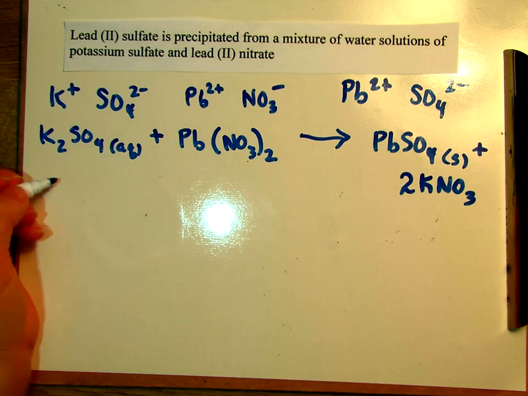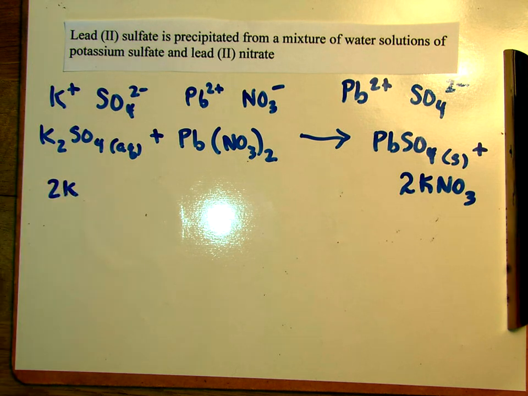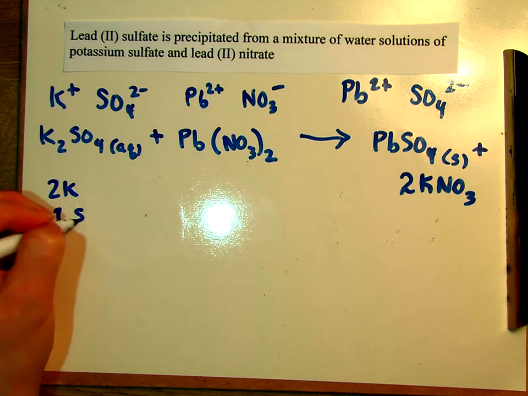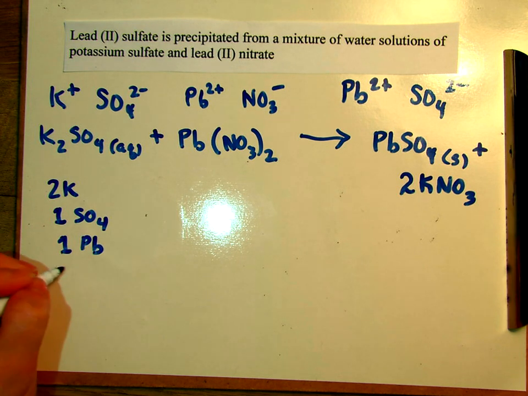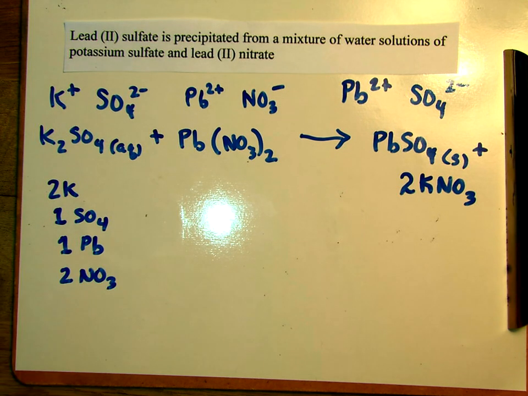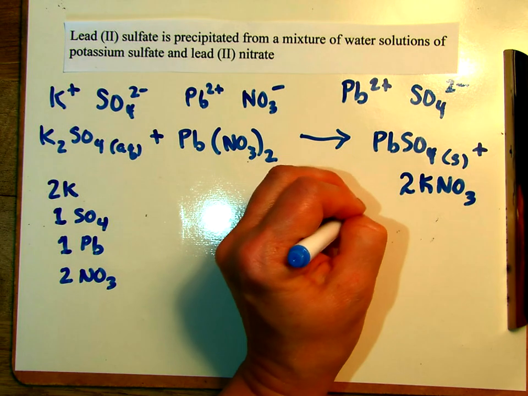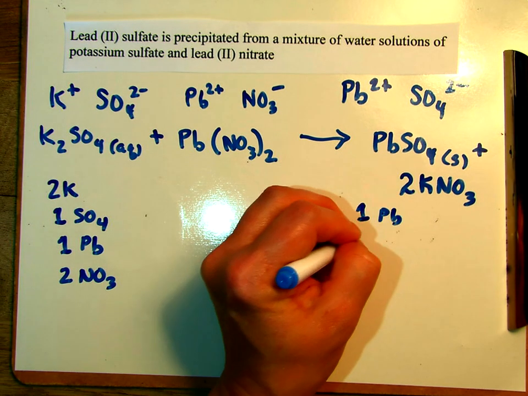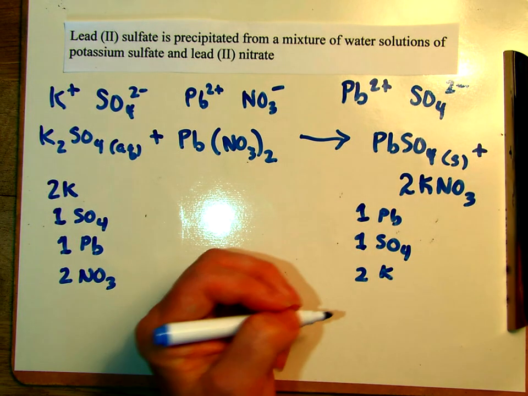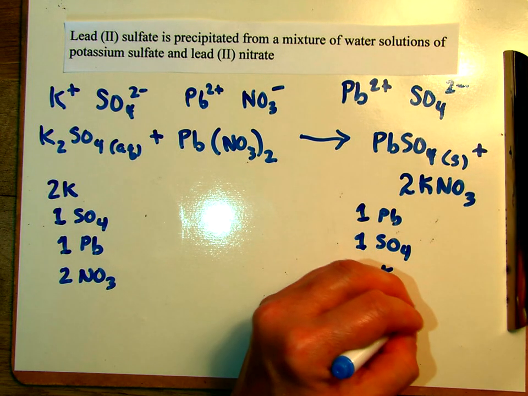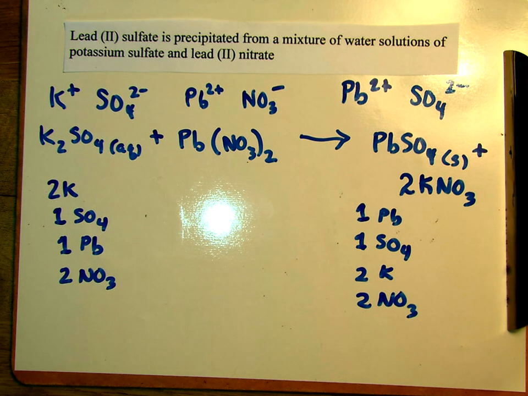On the left side, we have 2 potassiums, 1 sulfate ion, 1 lead, and 2 nitrate ions. Now over here we have 1 lead, 1 sulfate, 2 potassiums, and 2 nitrates. And we're done. We're balanced.